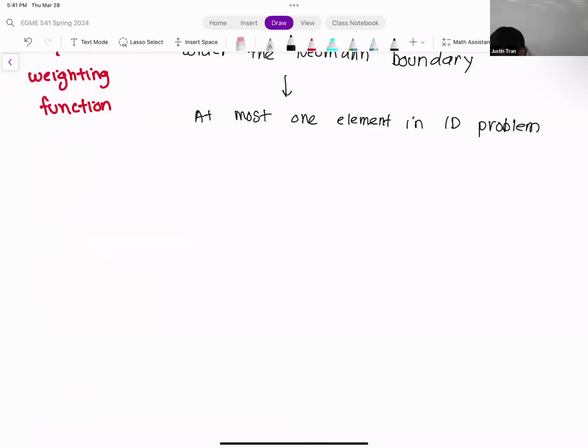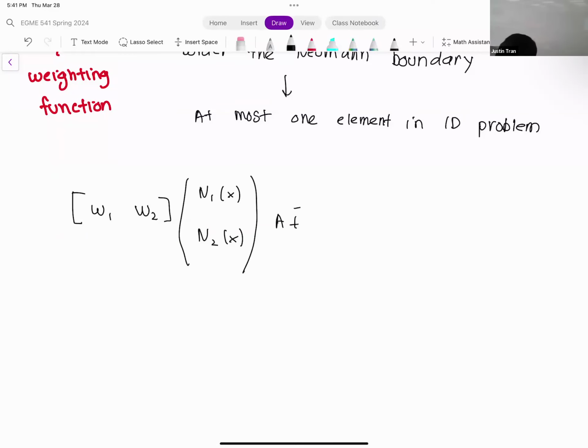And so this term here then becomes W1, W2 coefficients multiplied by N1, N2, which are functions of x, multiplied by A t bar. But the caveat here is that everywhere that we see x, we're going to evaluate it at the Neumann boundary.